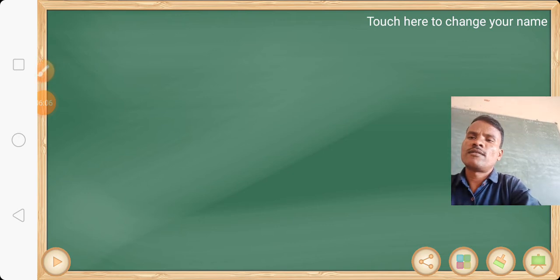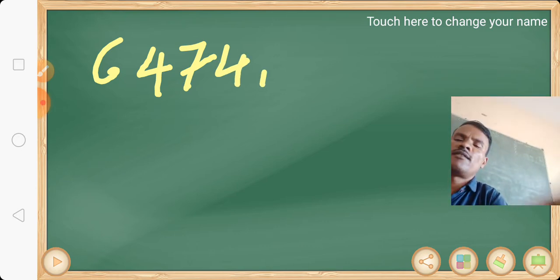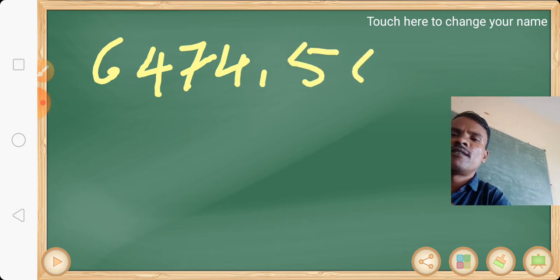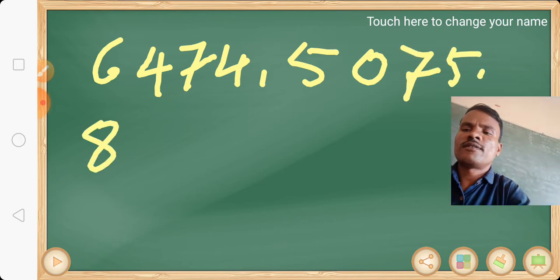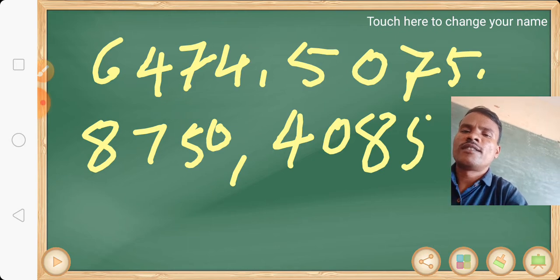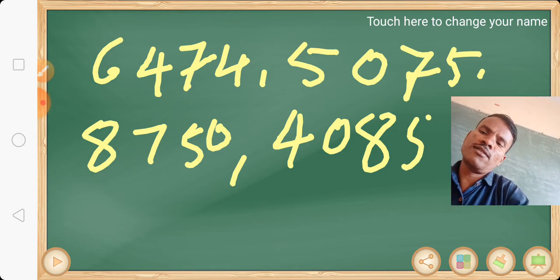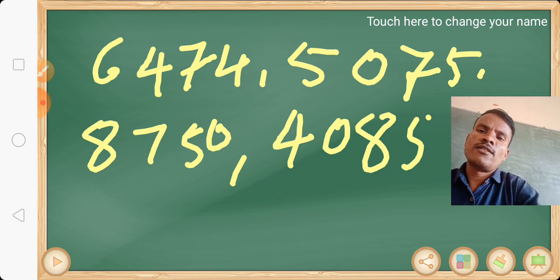For example, 6474, 5075, 8750, 4085. From these given numbers, we have to arrange the numbers in descending order.